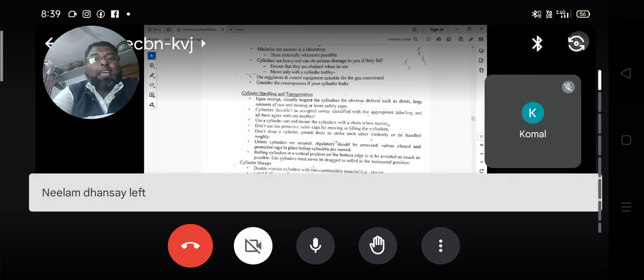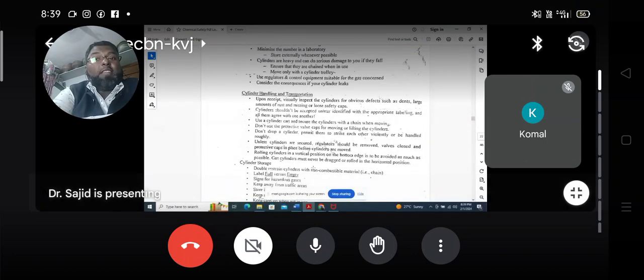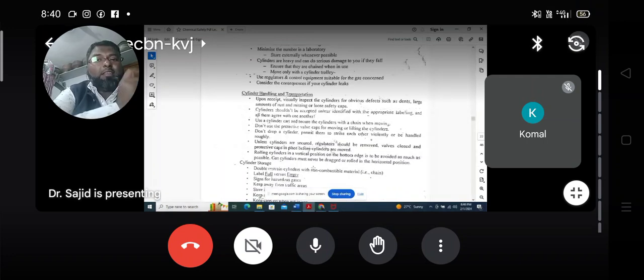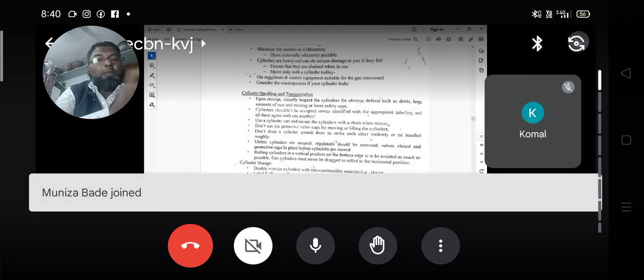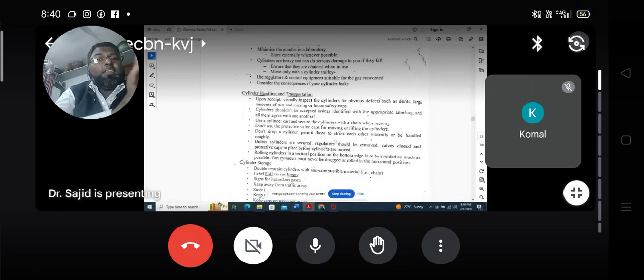On the cylinder you can find this labeling along with the year, like A16 or A24 or B26. That indicates the cylinder is valid to use up to this limit only, meaning within these 3 months of that year the cylinder is supposed to be used. Okay, that is the indication. Very right answer, Komal.